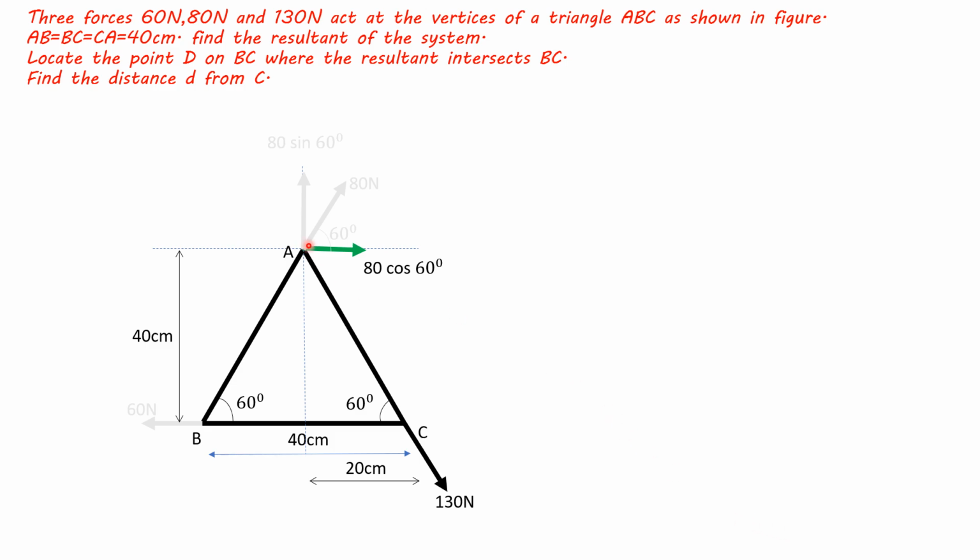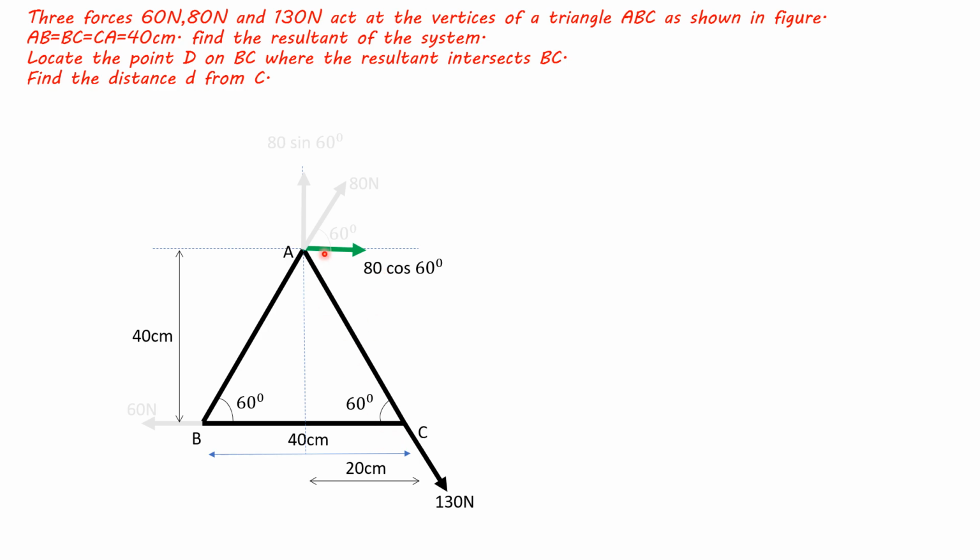We know in which quadrant the resultant is, but we don't know the exact location of the resultant with reference to any of these points. To locate the resultant with reference to any of these points, we have to take moment of all force components about one of the points.